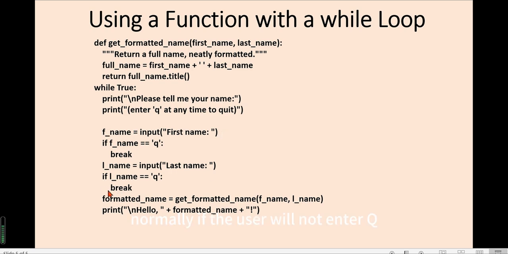Normally, if the user does not enter Q in these two prompts, then the formatted name will be created with the function, and the information is the first name and last name the user input. After printing the information, we go back to the while true, and as in the first iteration, the user will be prompted for his or her first name and last name.